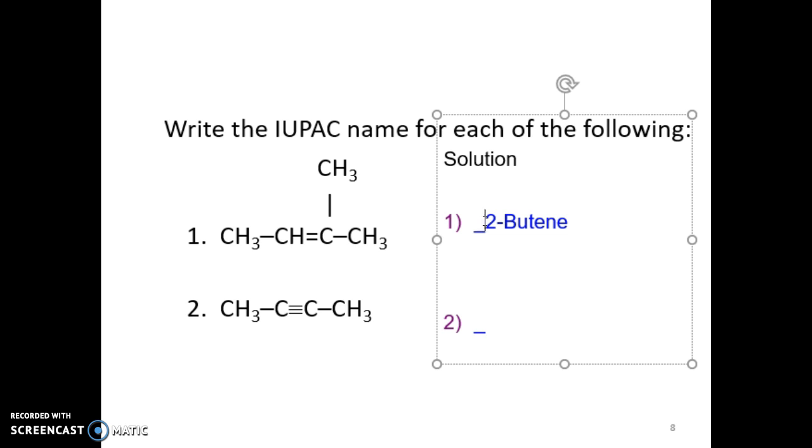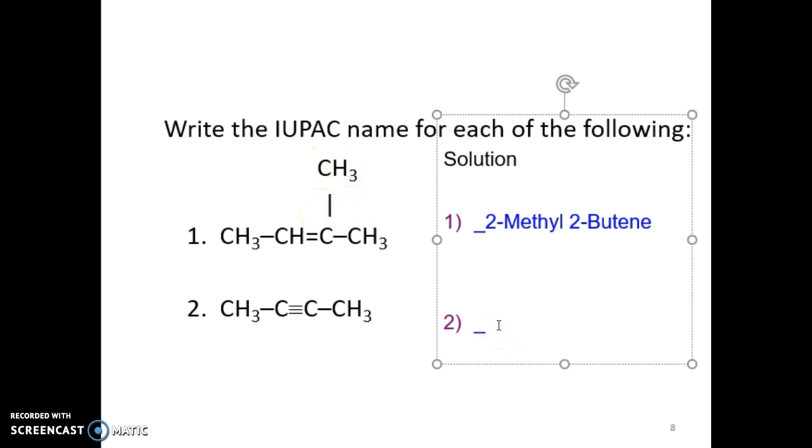And then at the front we put our methyl, and the methyl is at carbon 2, so it should be 2-methyl-2-butene. That carbon has the double bond and it's got the functional group.